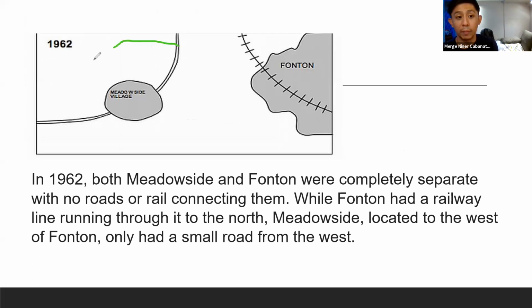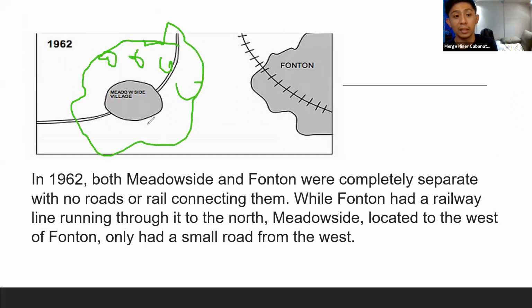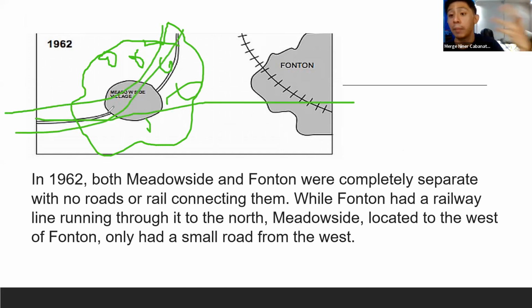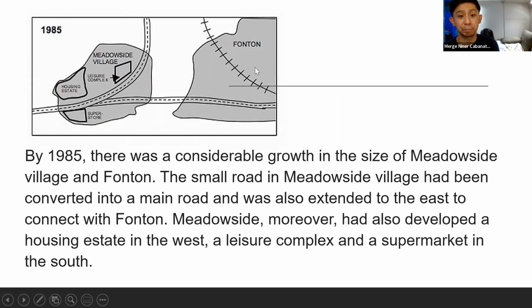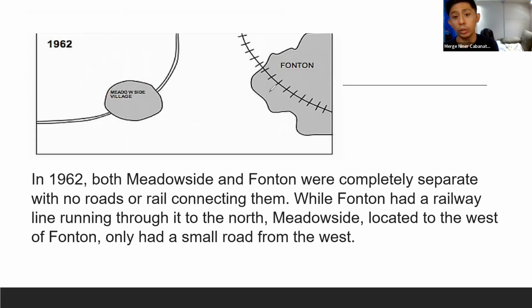There are now many amenities here. There's a connection between them. The road for Meadowside enlarged. It becomes a main road and it's now traveling towards Fontan. Is that correct? Or is it the railway? Yeah, that's correct. And Fontan, there's only a few change. It enlarged as much as this. That's the only thing that changed.